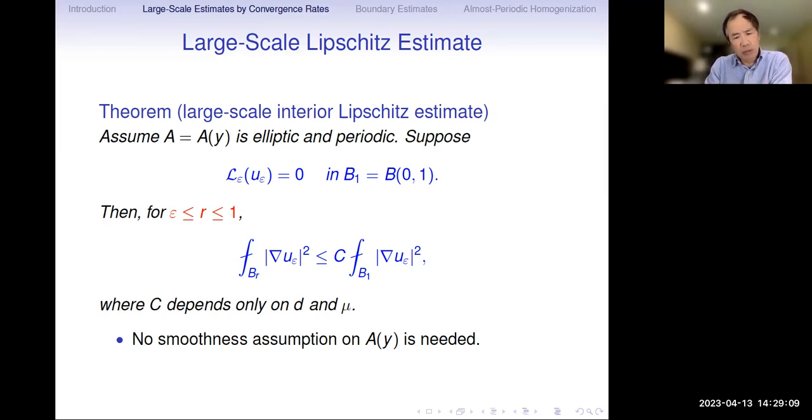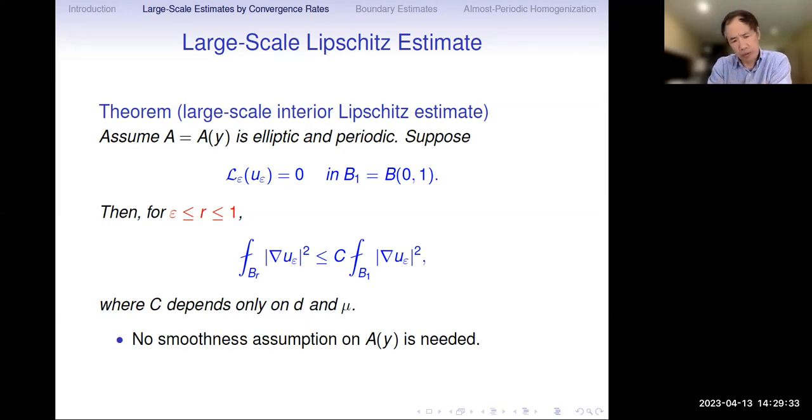So what we want to prove here is that if you have a ball centered at 0 of radius r, and r is between epsilon and 1. The lower bound is referred to as the large scale. Anything below epsilon is a small scale estimate.